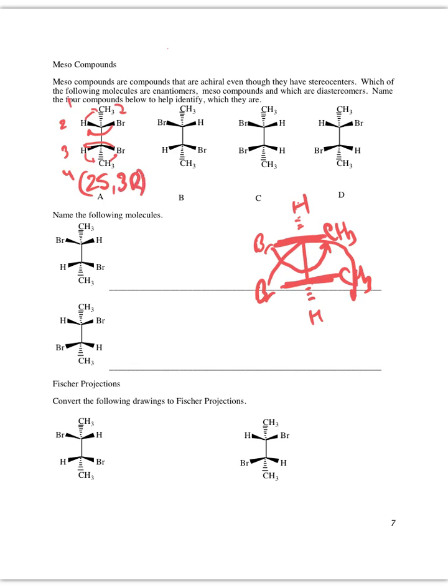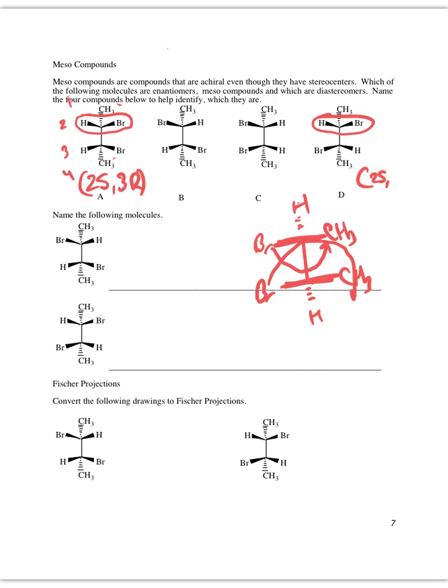Okay. Now the neat part about this is, since we know where things are in compound A, every time carbon 2 looks like this, it has to be 2S, because everything is in the exact same spot, so it's the same center.